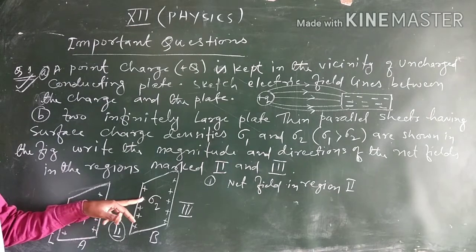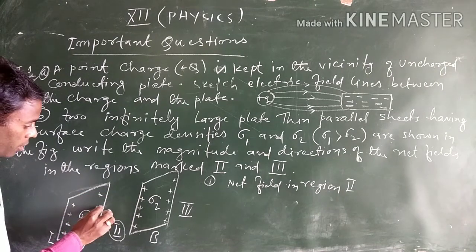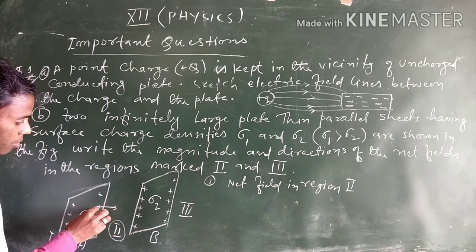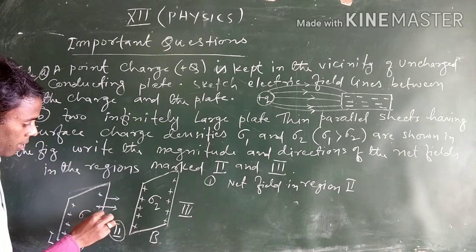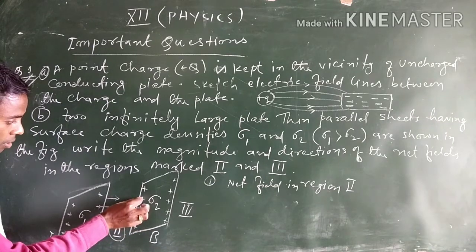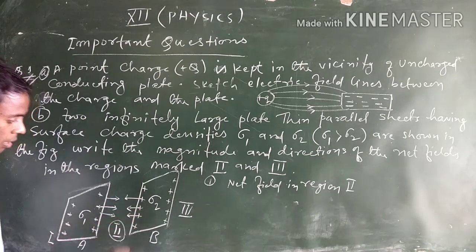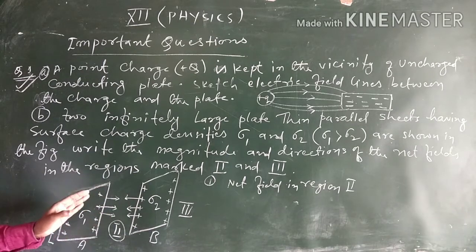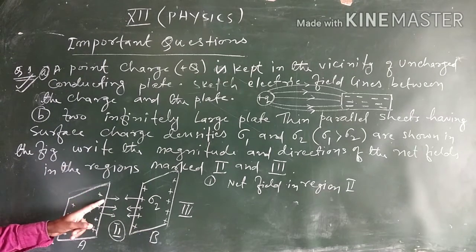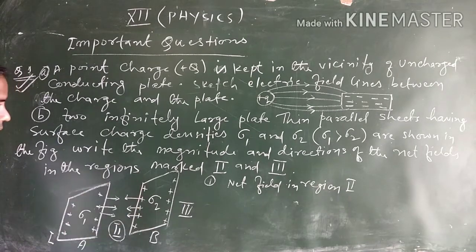Here also is the plus Q charge. That means electric field lines are produced from this charge like this, and from this charge the electric field lines will go like this, in this direction. That means here the net electric field lines in this region, in this space, right?